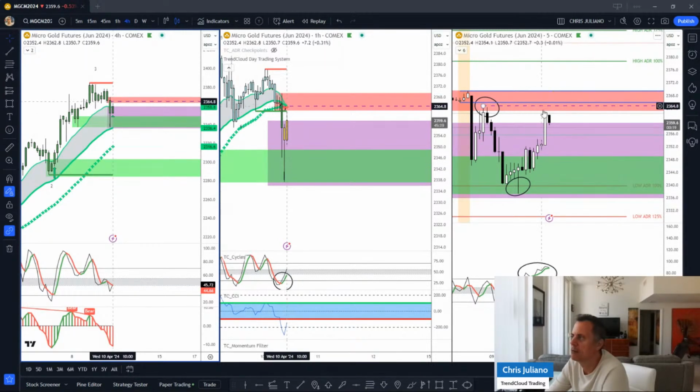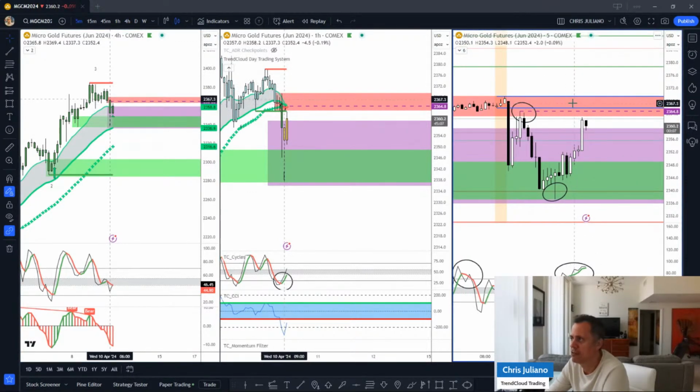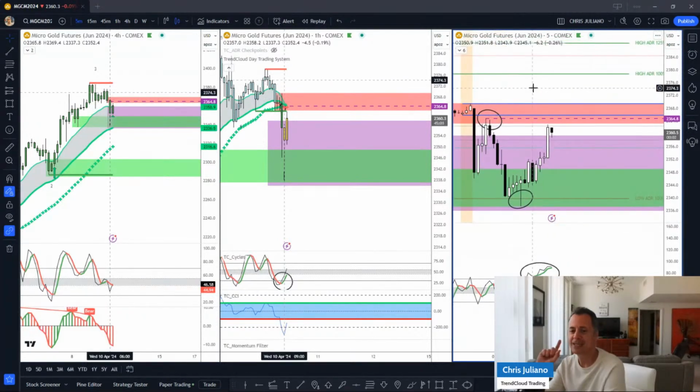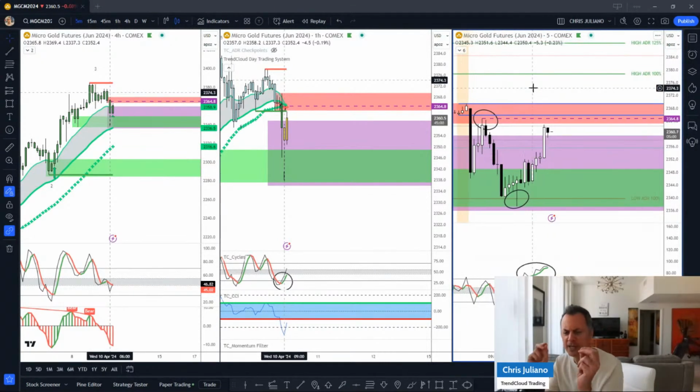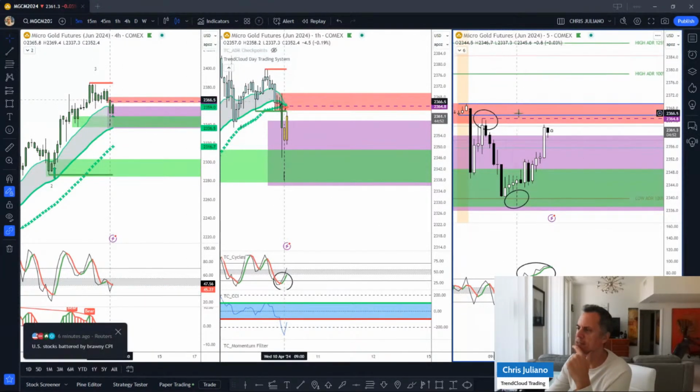We're waiting for some structural change to take place, and that structural change would be a failure of this supply zone. We need to see this supply zone fail to give us the first signal, the first idea that we're actually going to be rejoining the uptrend.